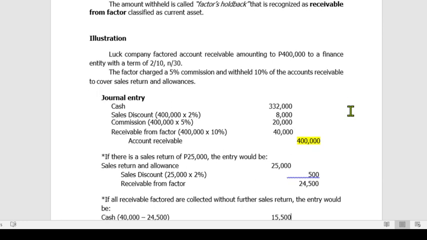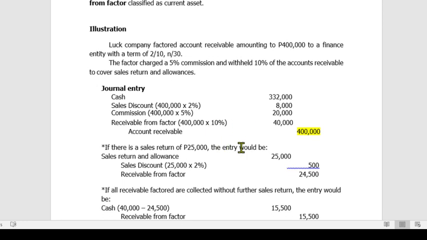Okay, let us look at the foregoing notes. If there is a sales return of 25,000, the entry would be, halimbawa, merong nagsoli na nga doon sa pinagbentahan mo. So, ito ang entry na gagawin mo. You debit sales return and allowance 25,000. You credit sales discount na 500, that is 25,000 times 2%, dahil part yan ng discount niya kanina.